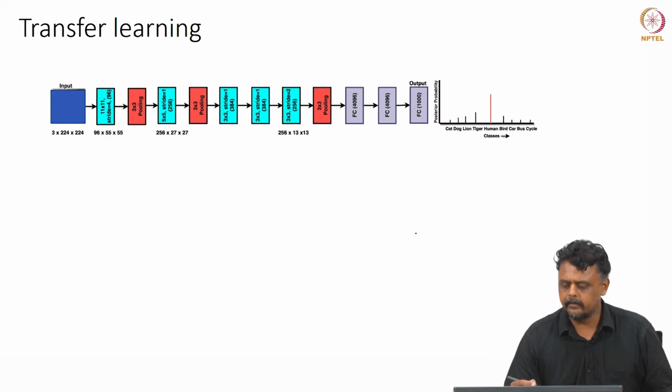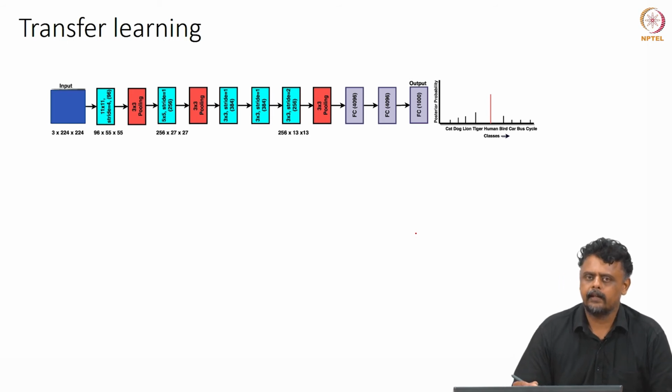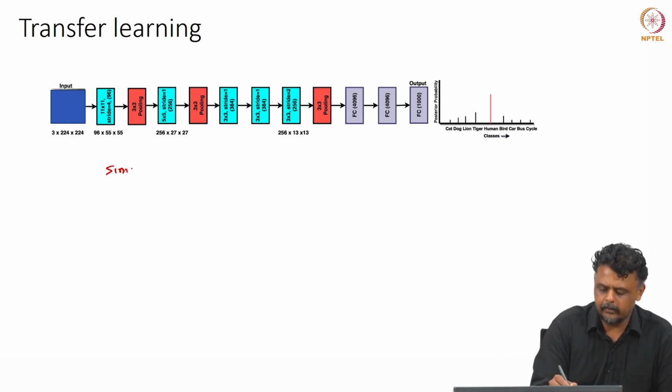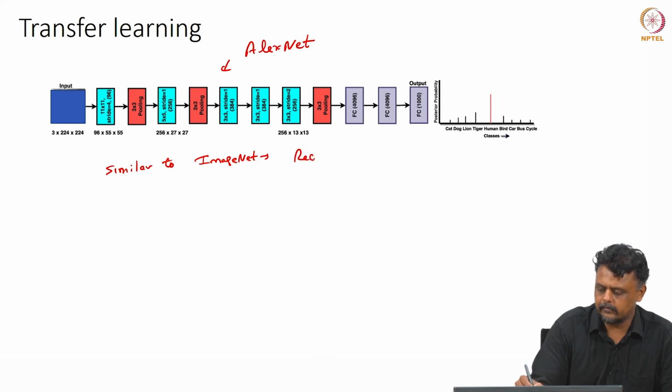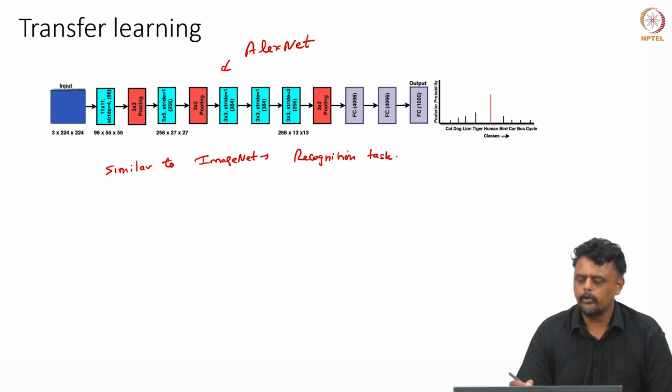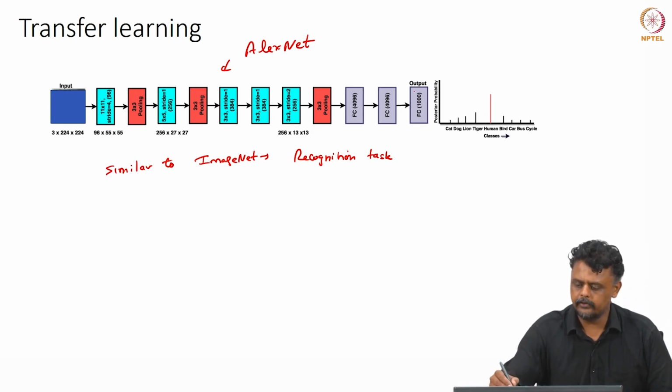So, just to illustrate some of the points that we have talked about earlier. Ideally, if you have data which is similar to ImageNet, in this case I am looking at AlexNet, which we looked at before, and you have a classification or recognition task, then what you would do is drop the last layer and replace it.